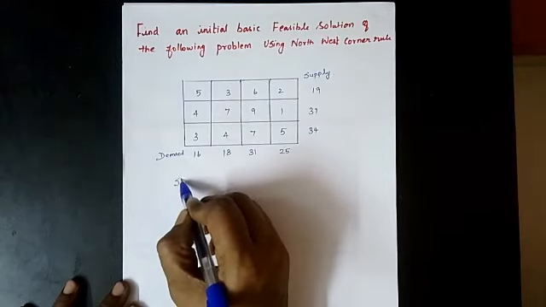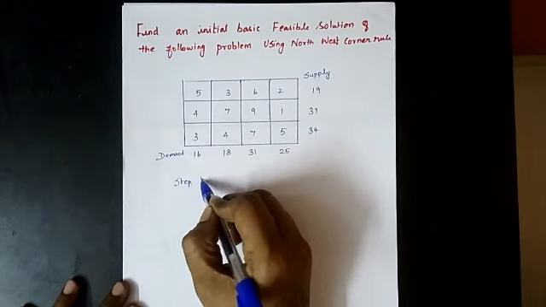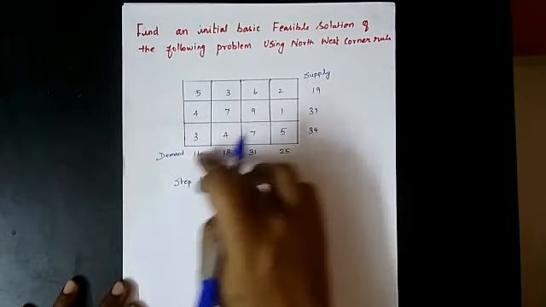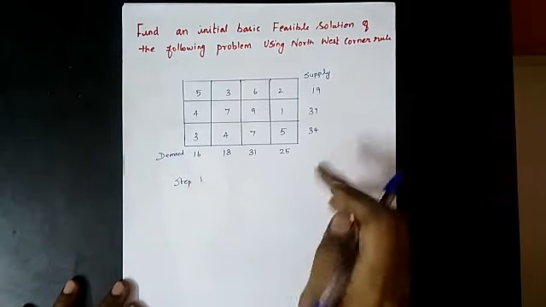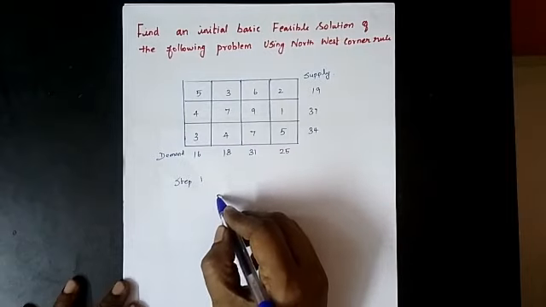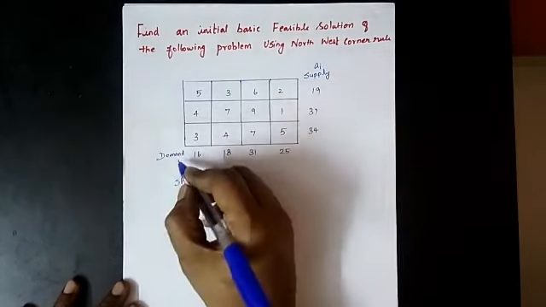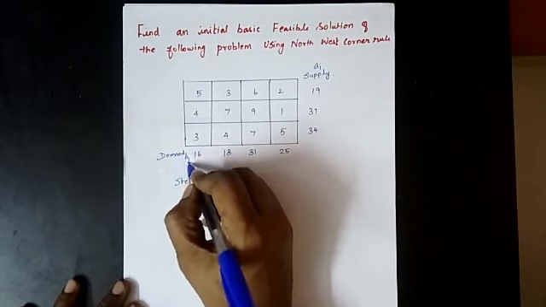So step 1. Check whether the sum of all the supplies and the sum of all the demands are equal. We'll represent this as a_i and b_j.